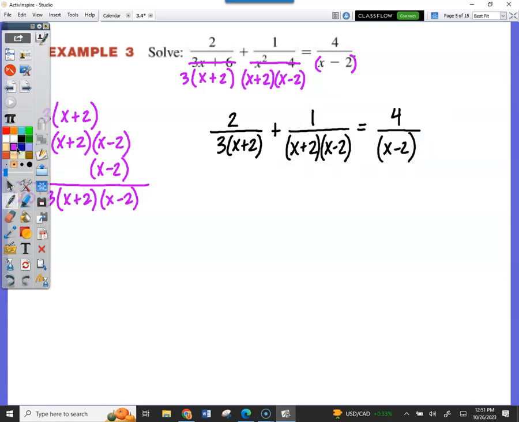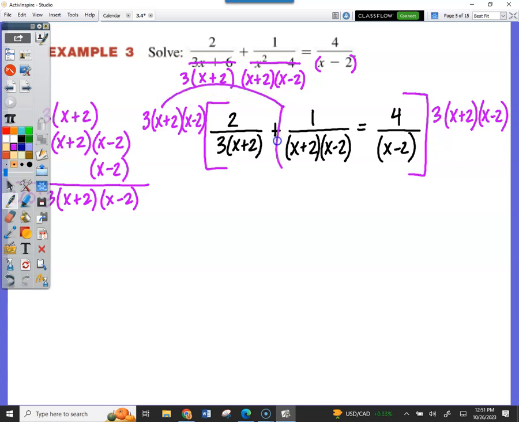And now I'm going to show that I'm multiplying the entire thing by 3, x plus 2, x minus 2. Please know enough to know that that 3, x plus 2, x minus 2 is also multiplying to this right here, even though it's not written right next to it.